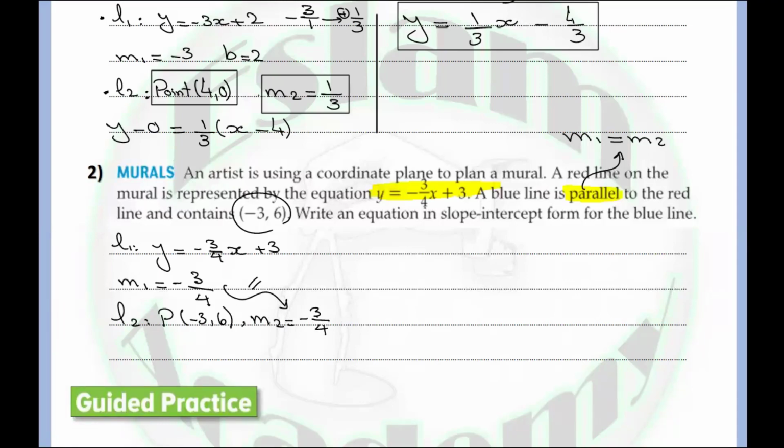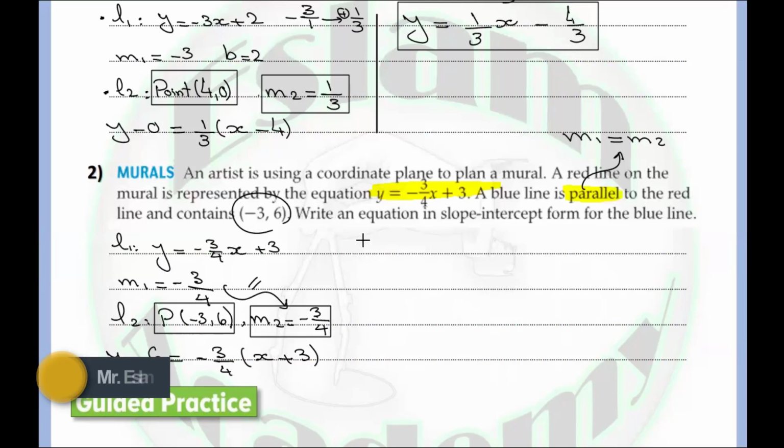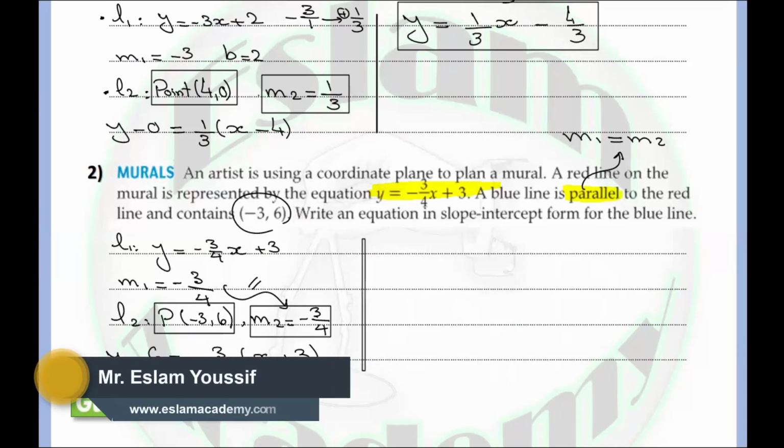Now we have a point and a slope. How can we write the equation? y minus 6 equals negative 3 over 4 times x minus negative 3, which is x plus 3. How can we simplify this one?